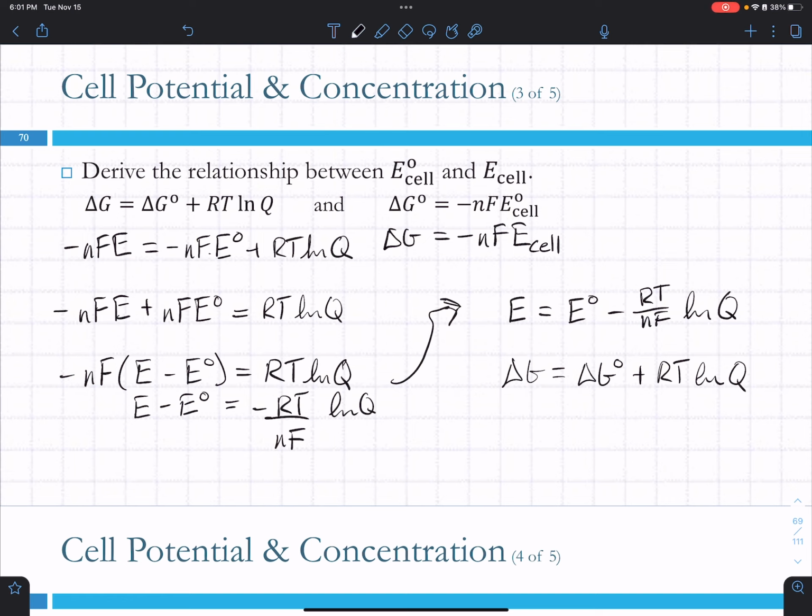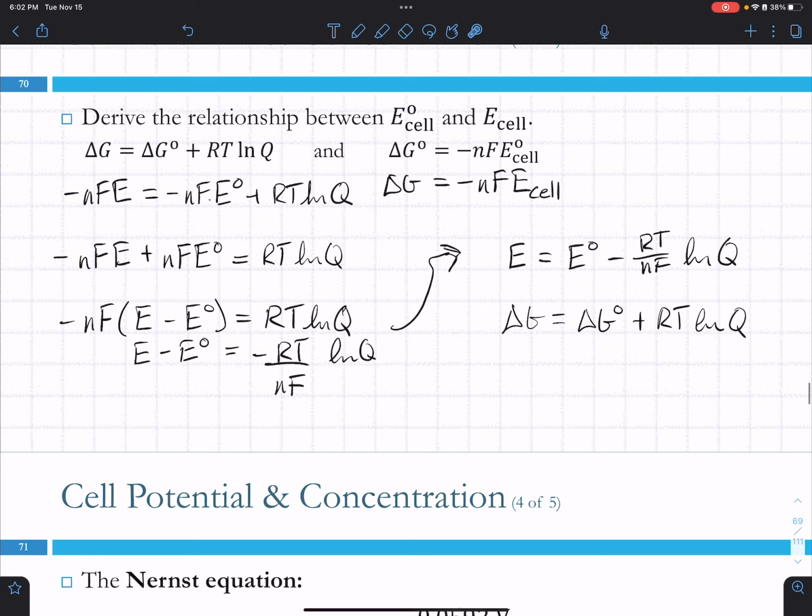Each of them tells you how far away you are from standard conditions, modifying the standard value in either the positive or negative direction, which is why the natural log is convenient, because the sign can change depending on whether you're higher or lower than 1.